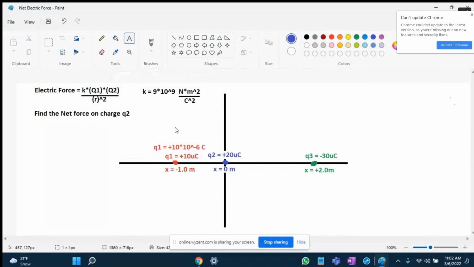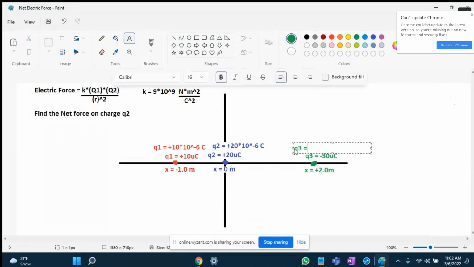Q2 would be positive 20 times 10 to the negative 6 coulombs. And then Q3 would be negative 30 times 10 to the negative 6 coulombs.